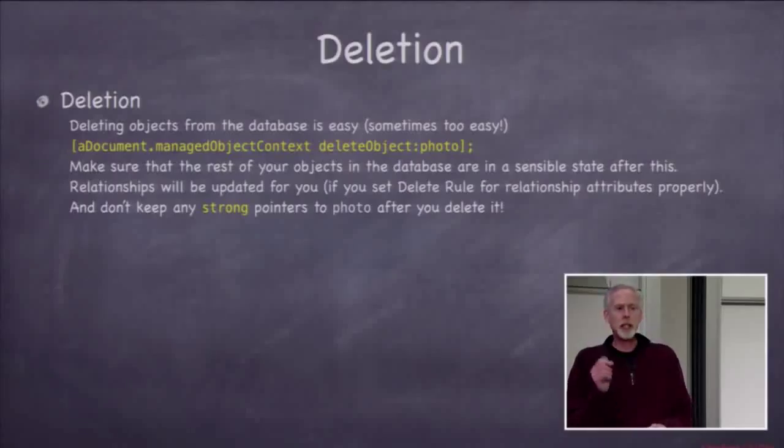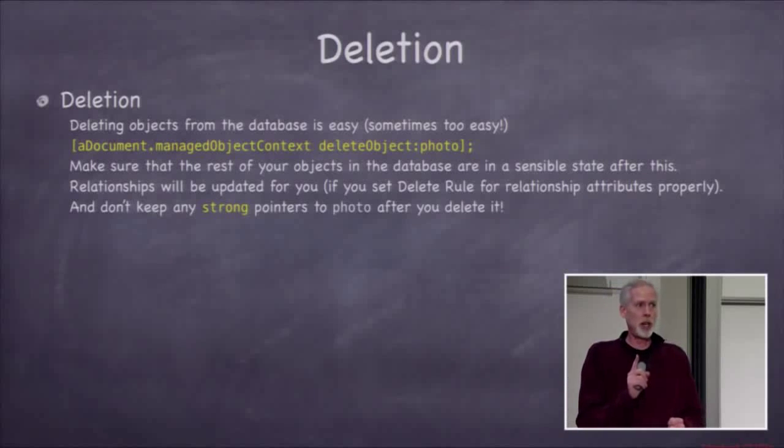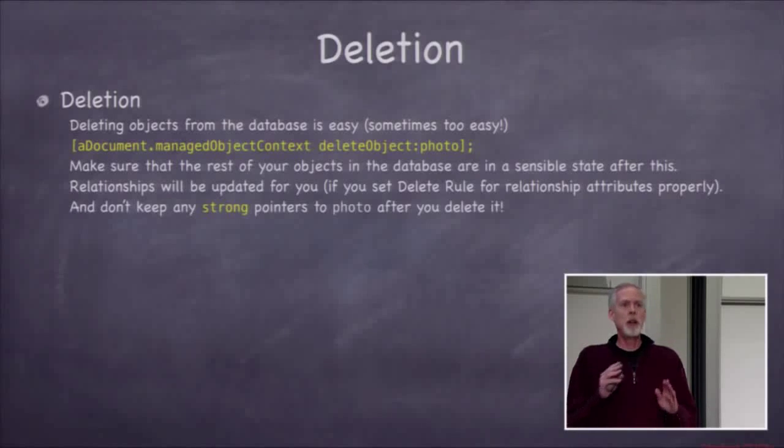But the second thing with deletion that you've got to be really careful about is, see that argument, deleteObject colon photo? If that photo is a strongly held pointer, you better set it to nil right after this. Because you cannot access that photo anymore. It is invalid. After you hit deleteObject, get rid of all your strong pointers to the thing you deleted because it's no good.